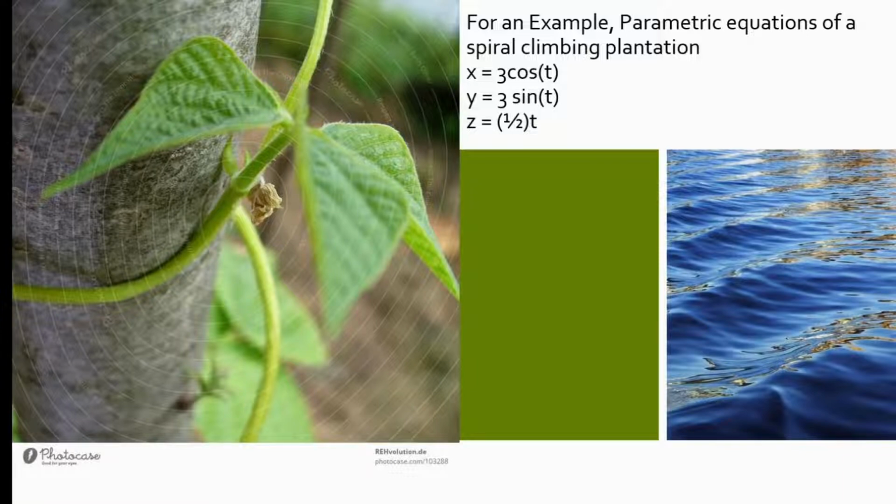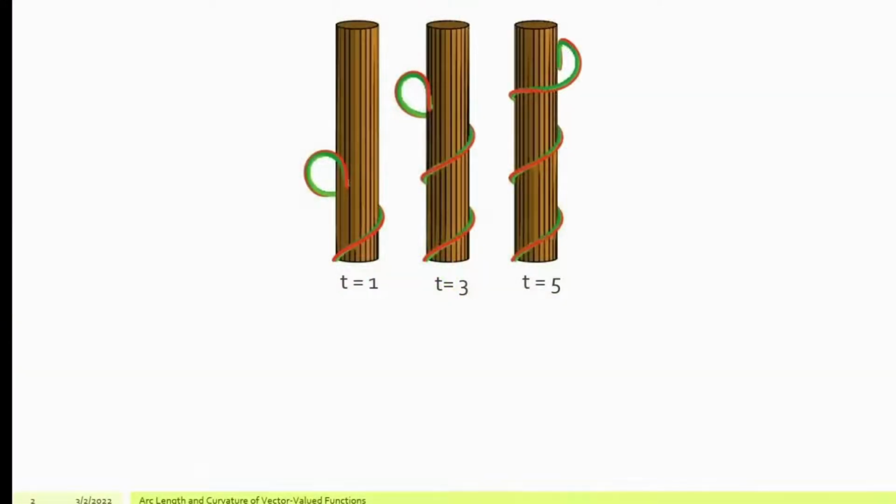So let us further explore the use of the arc length function and the curvature of the curve. As you can see, there is a trunk used to help the plant climb in a spiral way.